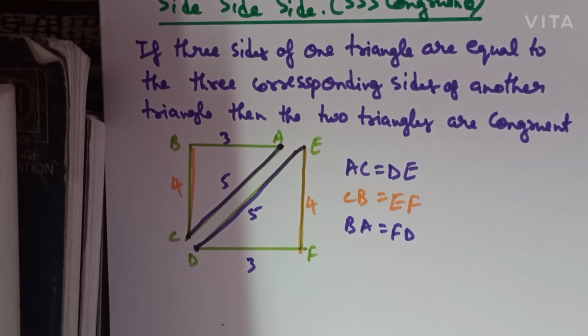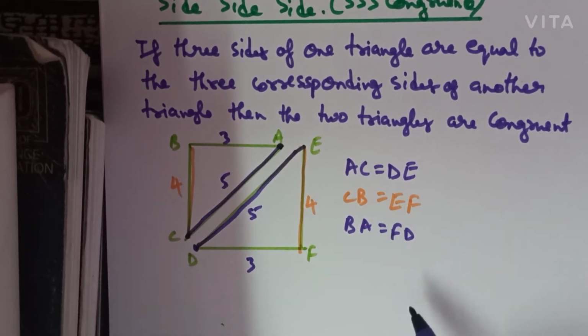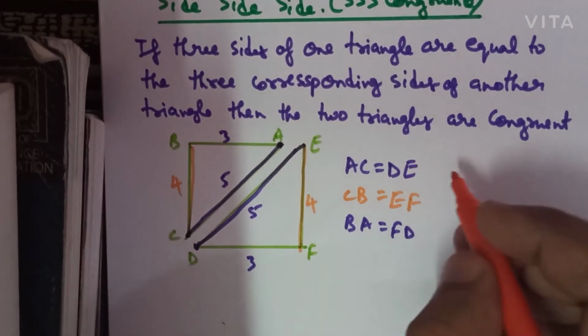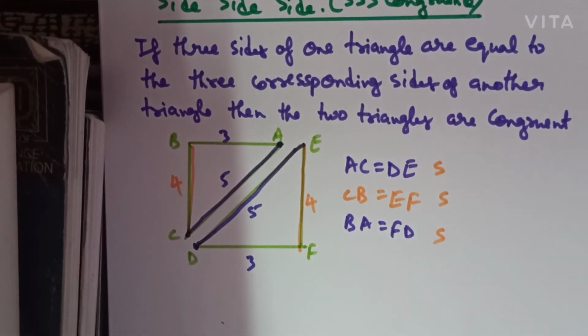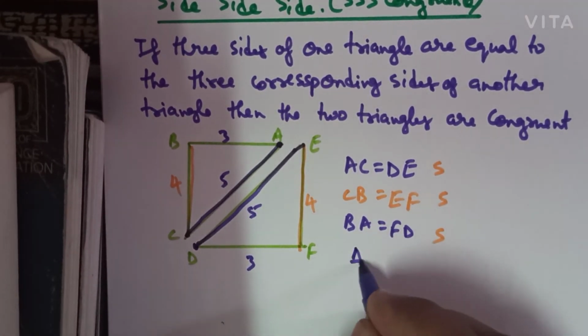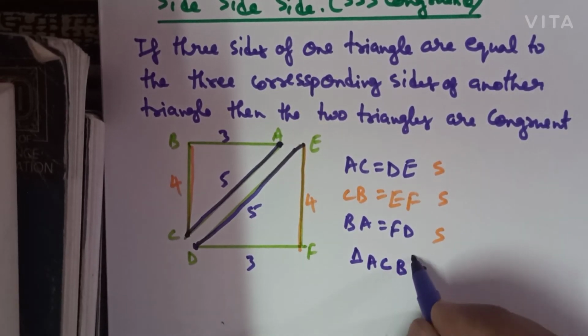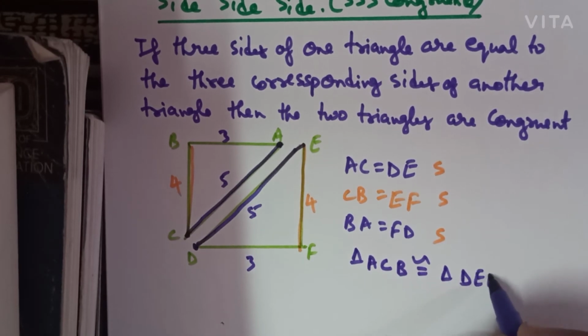So we say that the three sides of triangle ABC are equal to the three corresponding sides of triangle DEF. ACB is congruent with DEF. So we say that by side side side congruence rule, triangle ACB is congruent with triangle DEF.